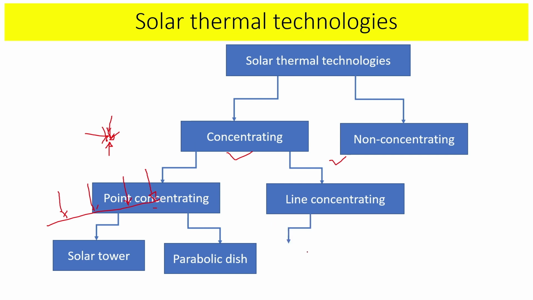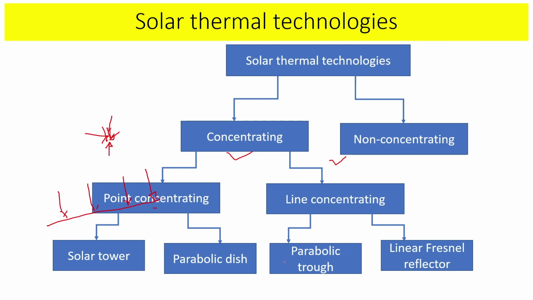Line concentrating technologies are of two types: parabolic trough and linear Fresnel reflector. There are a few more sub-classifications, but broadly these are the four: point concentrating, two types, solar tower and parabolic dish; line concentrating, two types, parabolic trough and linear Fresnel reflector.